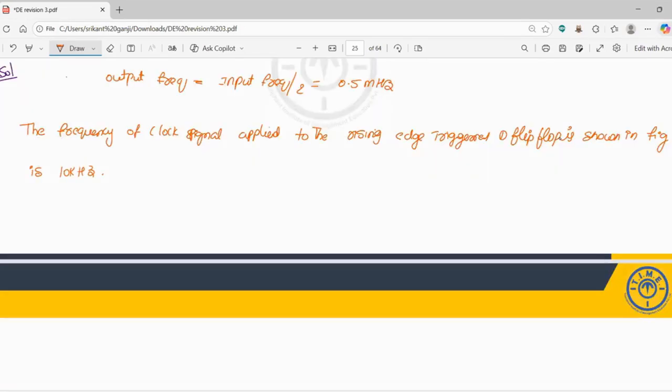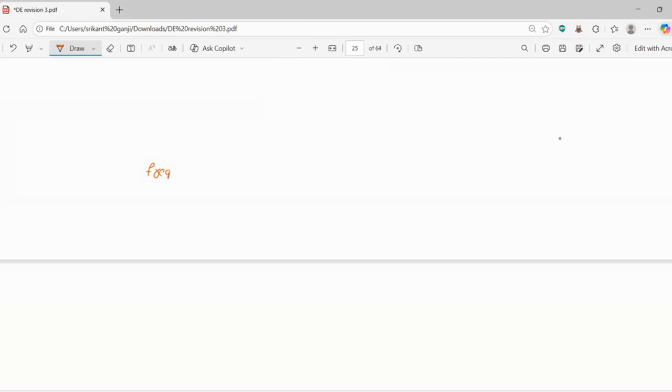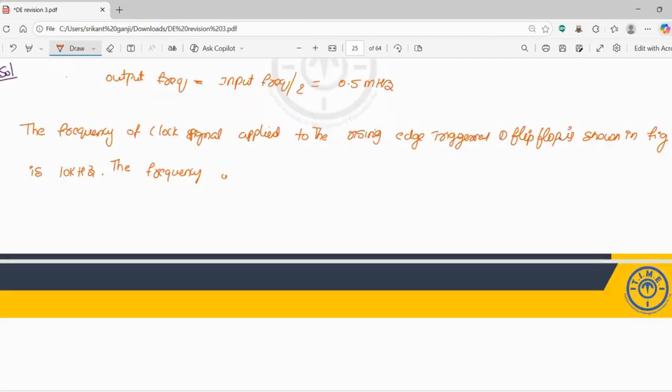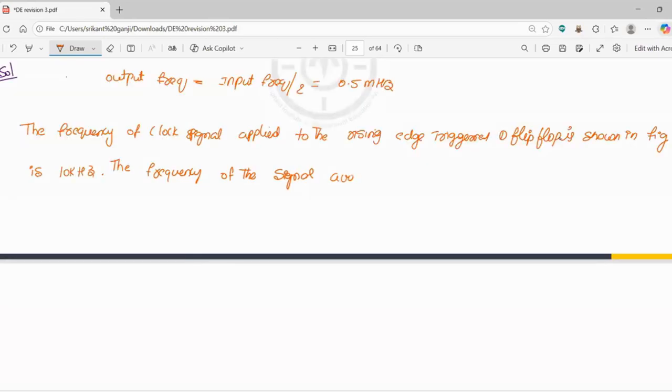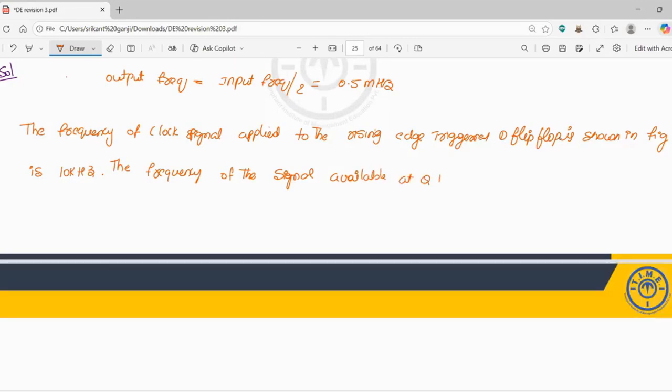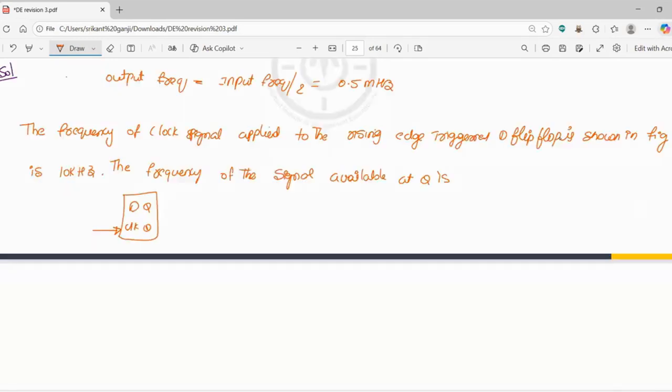Previously it was given as a JK flip-flop. Now he is giving the frequency of the signal available at Q. So this is a D flip-flop with Q and Q bar, and I am giving a clock pulse here.